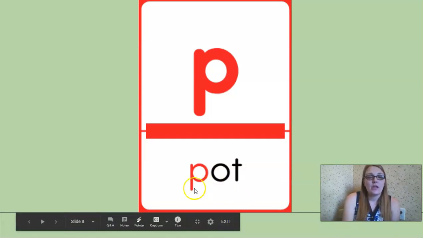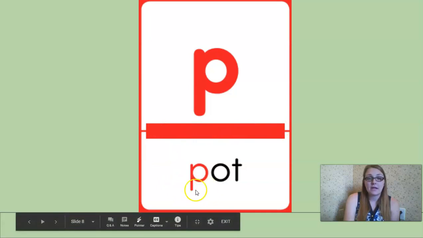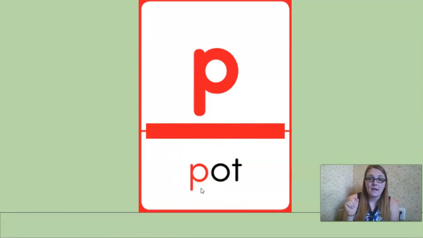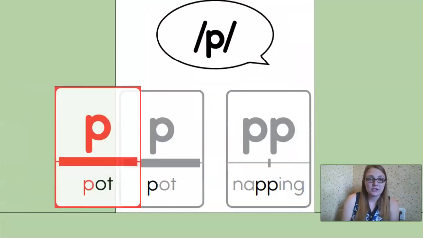In that word, the letter P says P. And based on our power bar, we can see that the spelling of one single P is a very common way to spell the P sound. Just like P, popcorn, P. So we will add that to our chart.